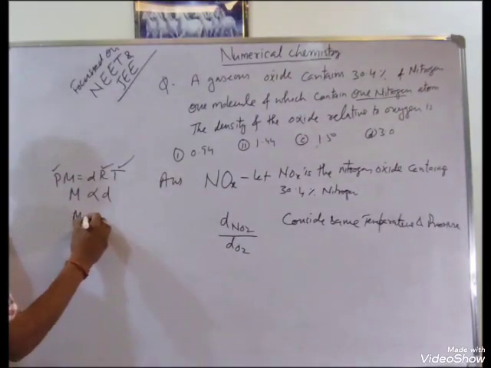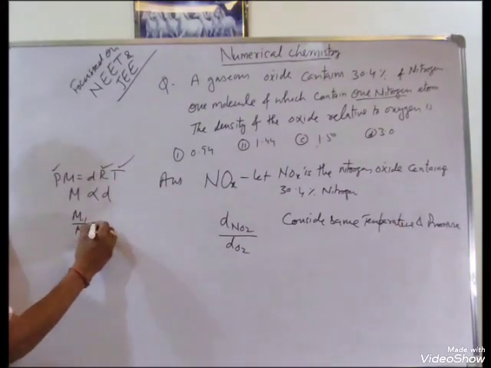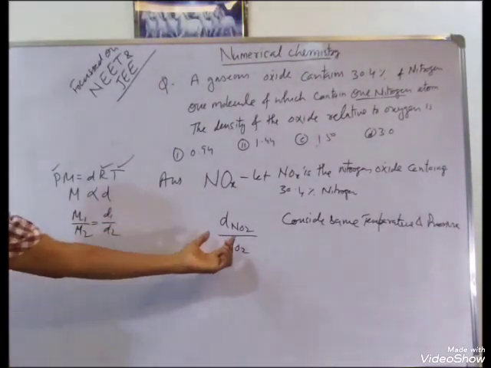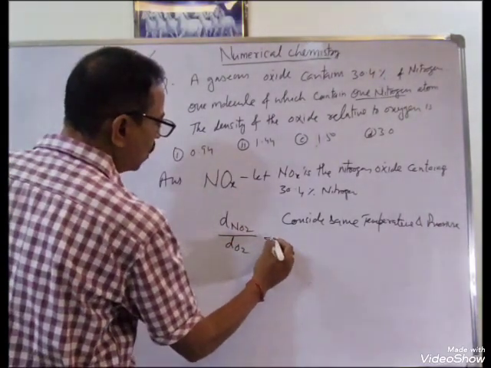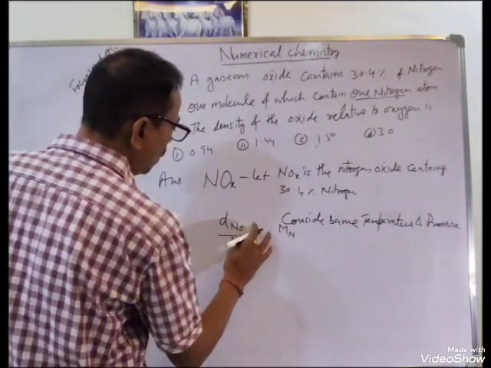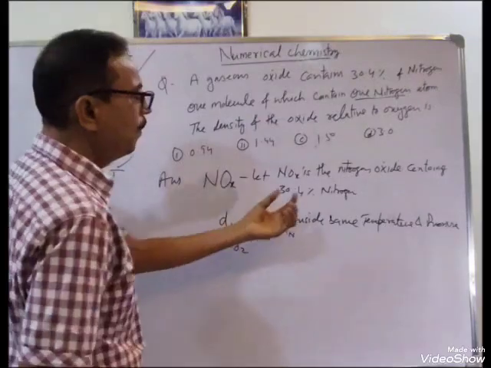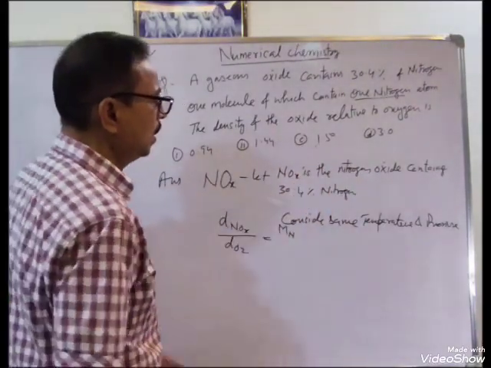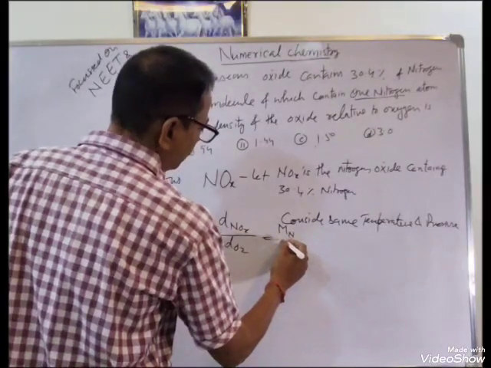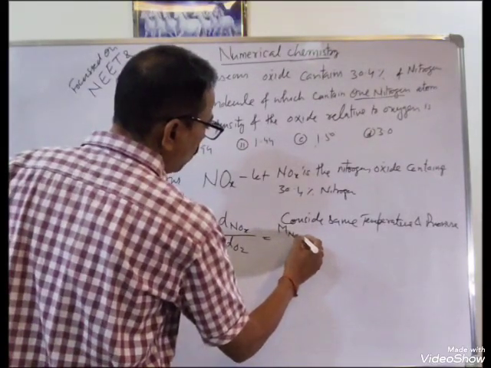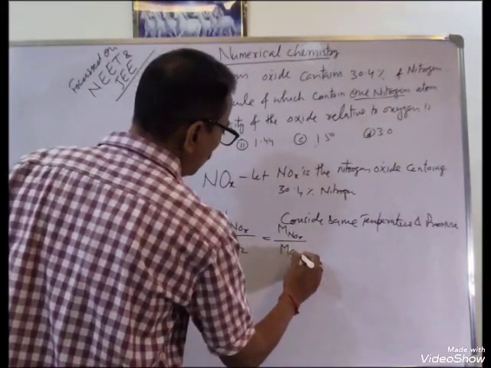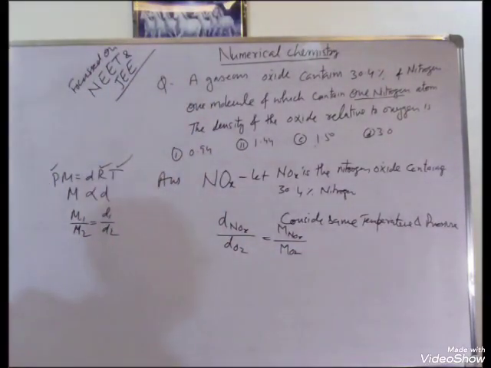It means M1 by M2 for two gases equals D1 by D2. So in this way we can write the density of NOx relative to O2 as the molecular weight of NOx divided by the molecular weight of O2. You have to find the value of X.